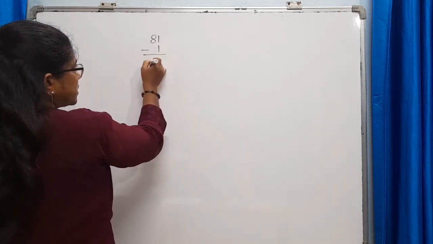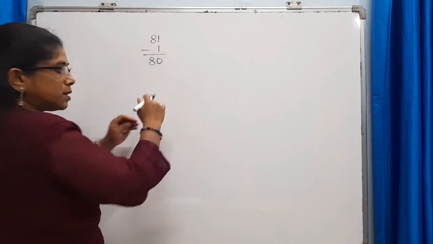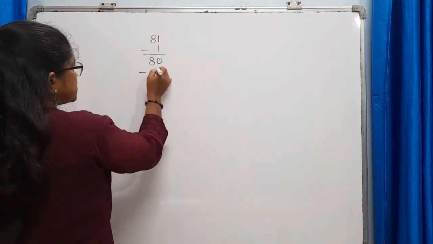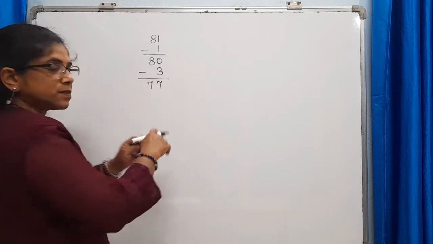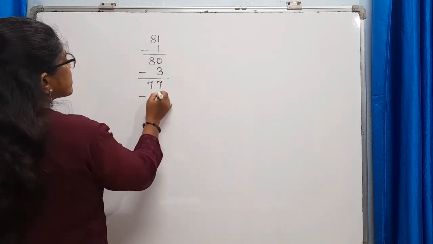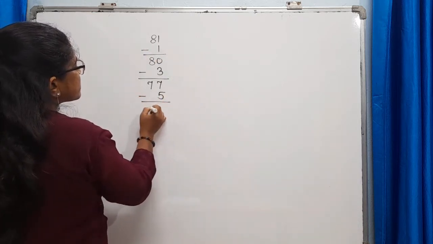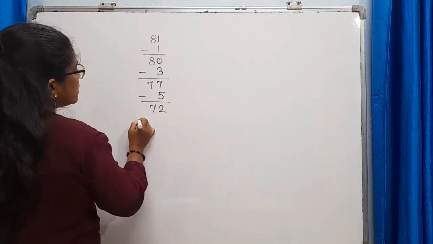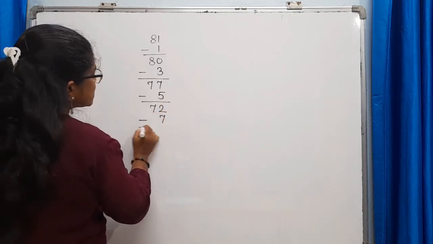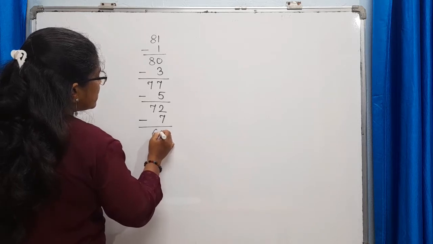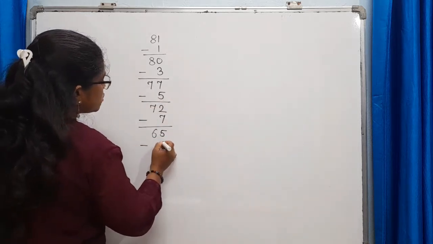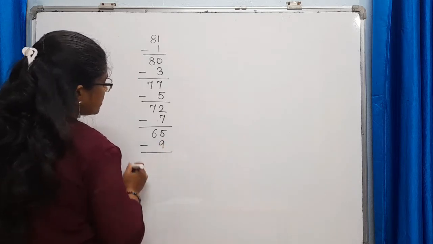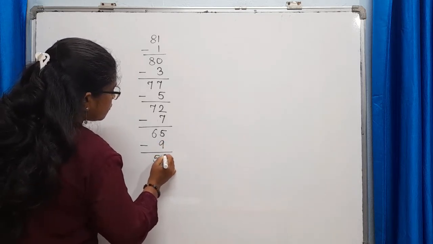81 minus 1, 80. Next odd number, minus 3, 77. Subtract next odd number, minus 5, we get 72. Next odd number, less 7, we get 65. Subtract next odd number, subtract 9, 56.